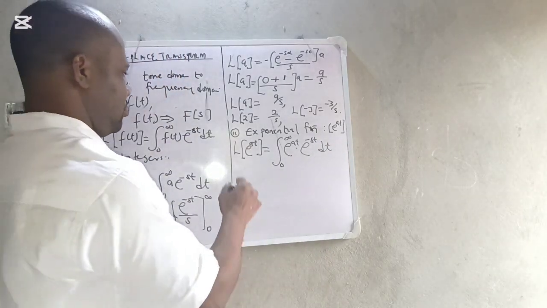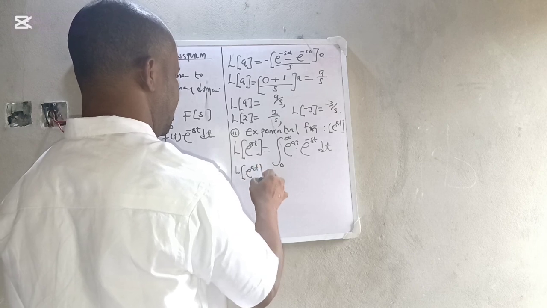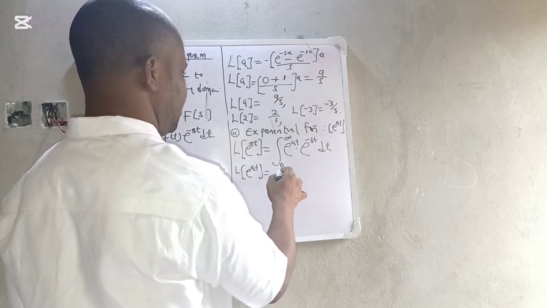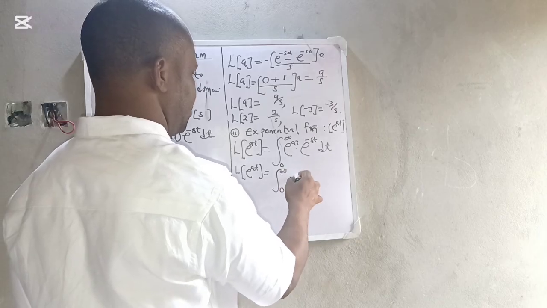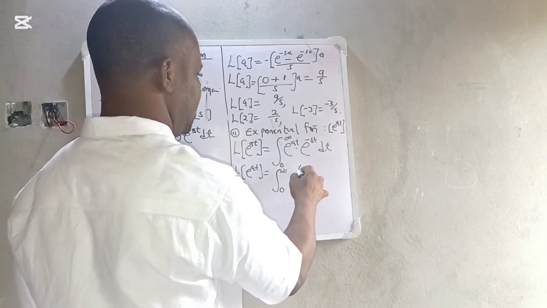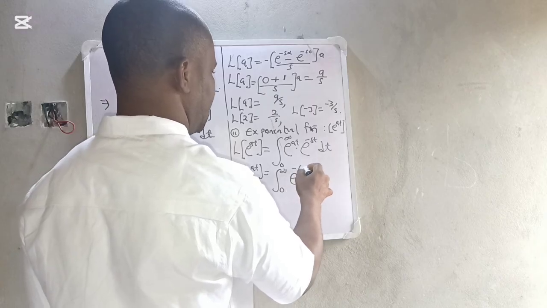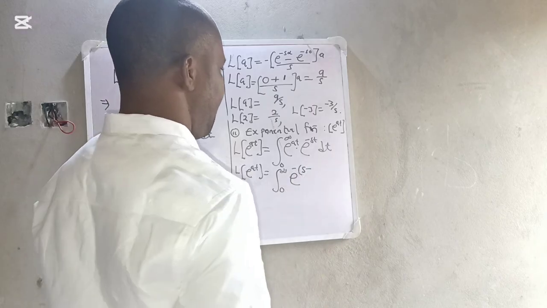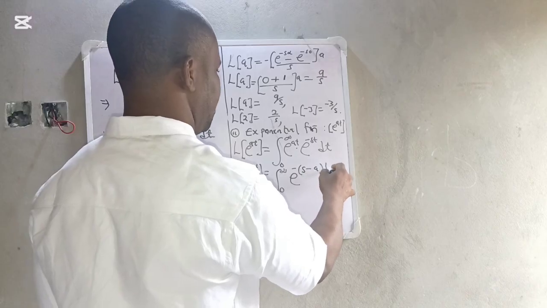By further rearranging this, we have exponential of minus s minus a, all times t.